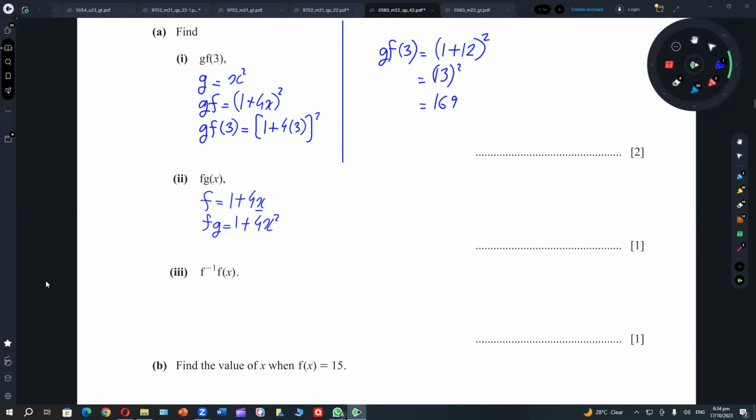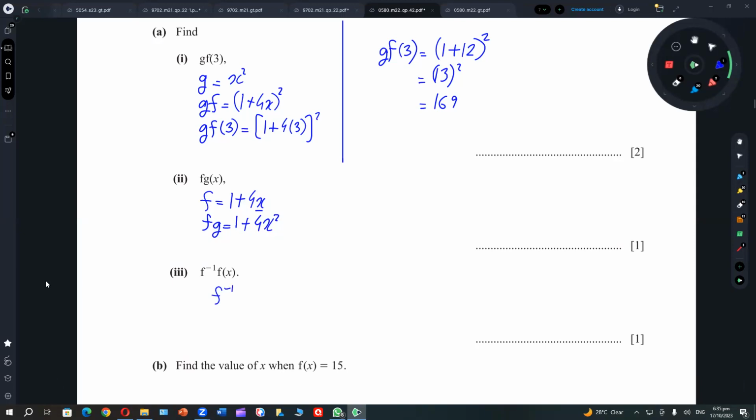Now this is tricky. F inverse F. So first find F inverse. Or we can use a property. F is 1 plus 4x, so we have to find the inverse of that.